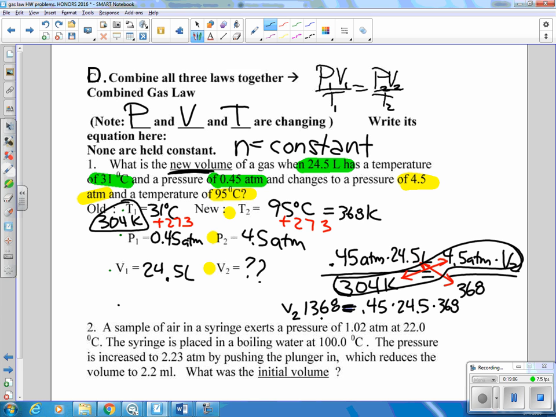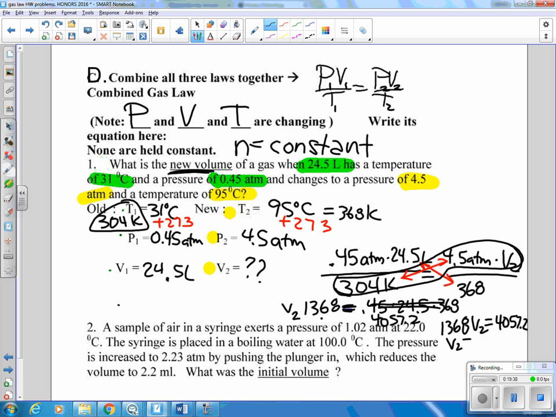So these three numbers, the 0.45, the 24.5, and you times it by 368, is going to equal 4,057.2. So we have 1368 V2 equals 4,057.2.